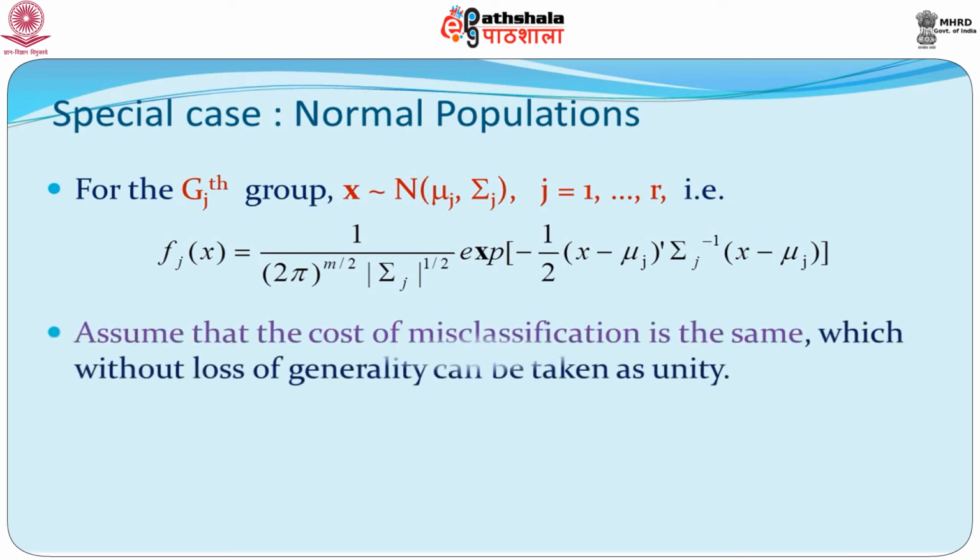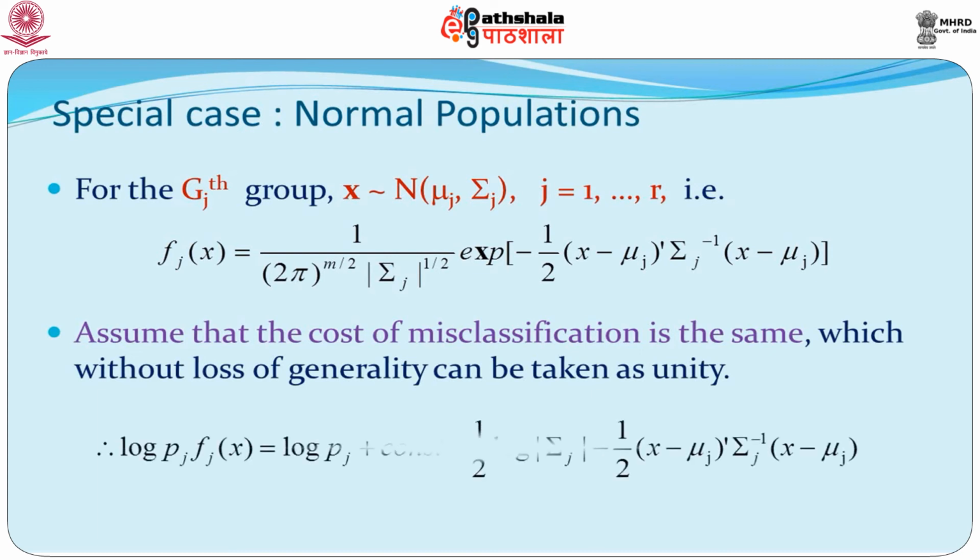If we assume that the cost of misclassification is the same, which we can, without loss of generality, take to be equal to 1, then the rule of p_j f_j(x) can be written as log of p_j f_j(x).